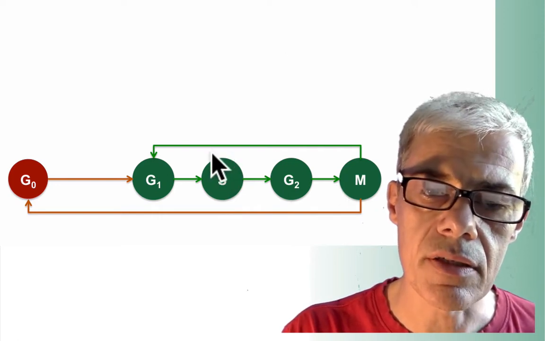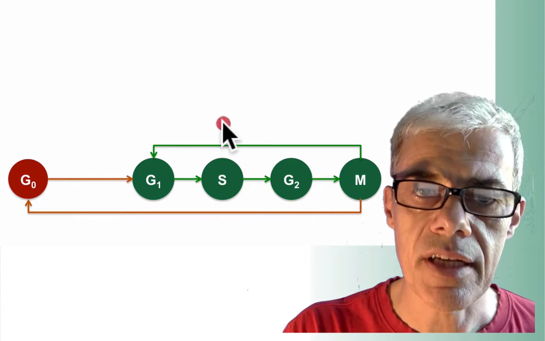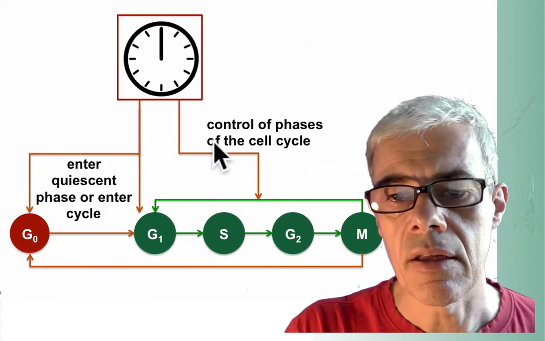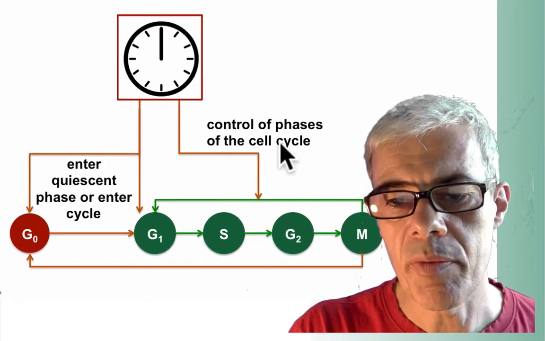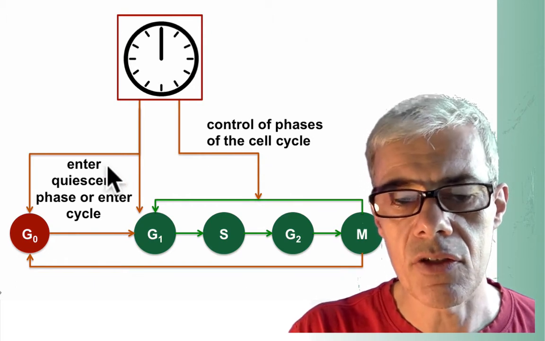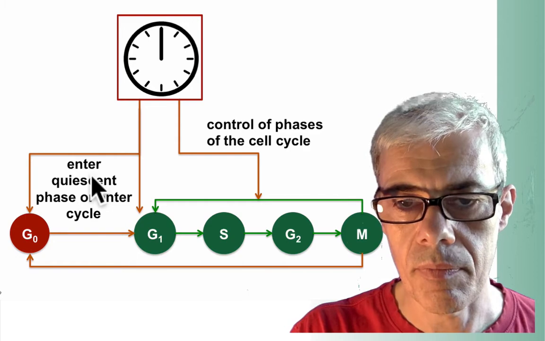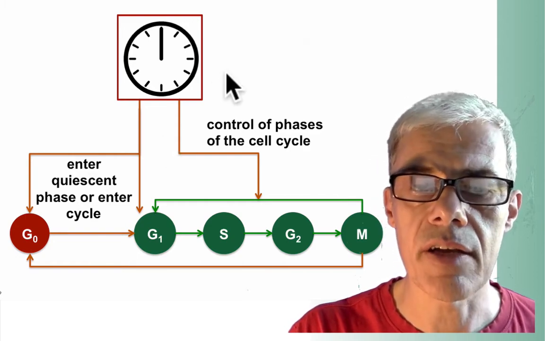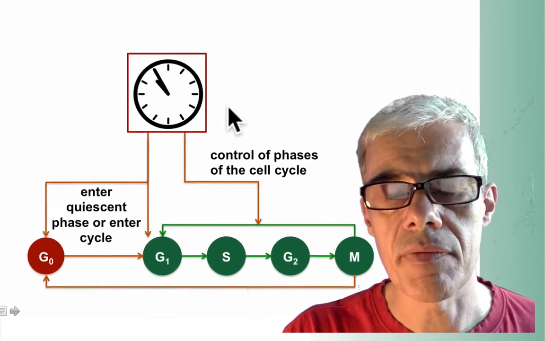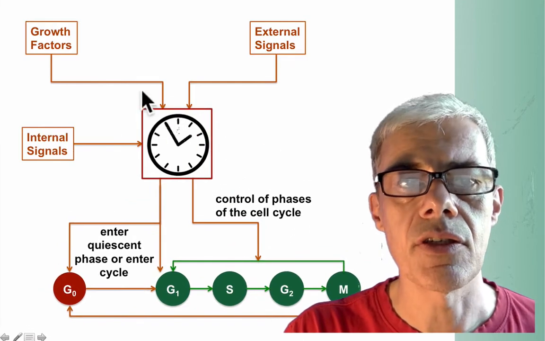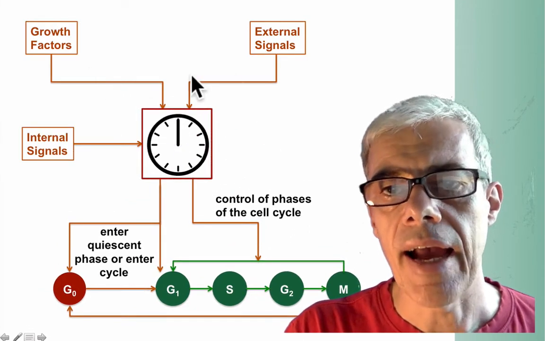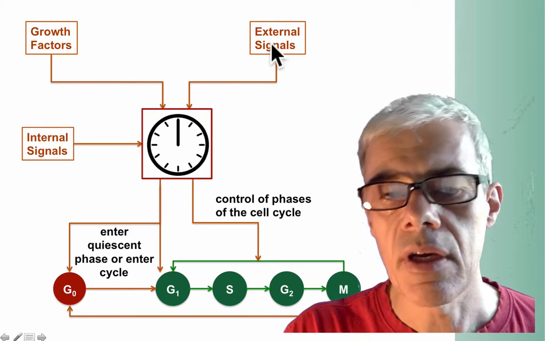Now, these decisions are controlled by the cell cycle clock, and the cell cycle clock controls the movement through the phases and the decisions whether to enter or exit the cell cycle. Now, the cell cycle clock itself is responsive to other factors such as growth factors and other external signals as well.